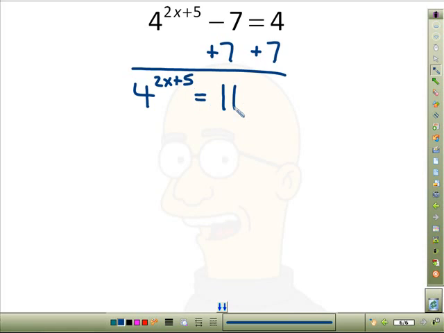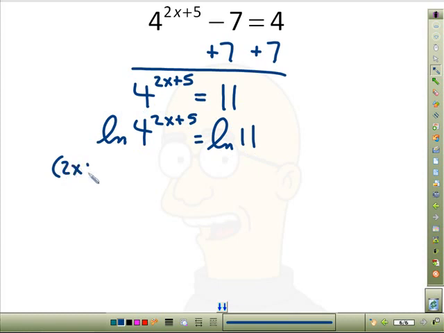Now, the next thing you do is take the natural log on both sides. And of course, the purpose for that was to bring the 2x plus 5 out front. So, I've got 2x plus 5, natural log of 4 equals natural log of 11.